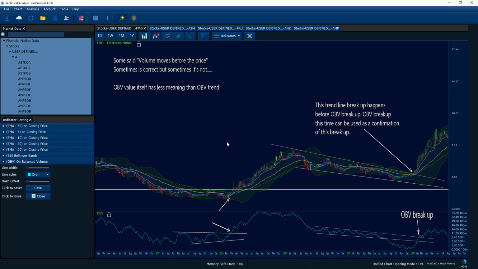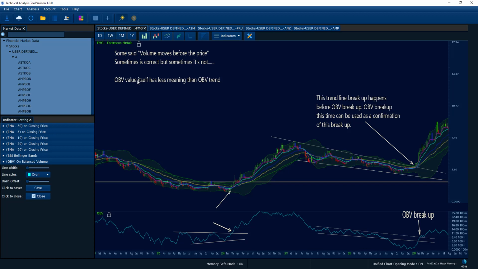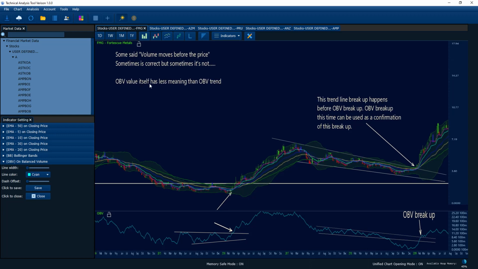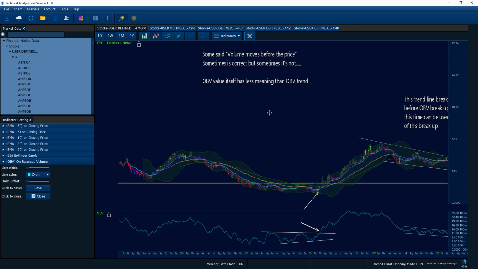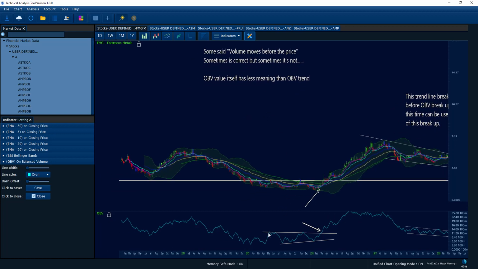Okay, let's take a look here. The second quote here, I'll put it in the notes. Actually, you can type anything in the chat, so I just use that text to type here. So OBV value itself has less meaning than OBV trend. Okay, so that also means you don't really care about the actual OBV value, because it doesn't mean too much.